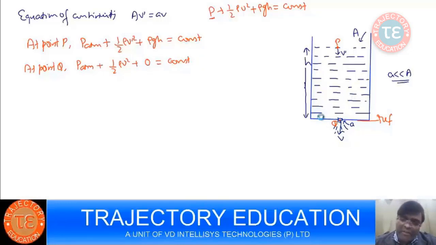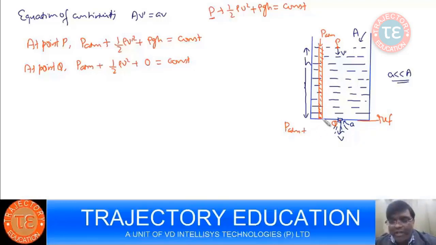What is the static pressure over here? Can you tell me the static pressure at this point? It is going to be P atm plus the weight of the liquid column per unit area.